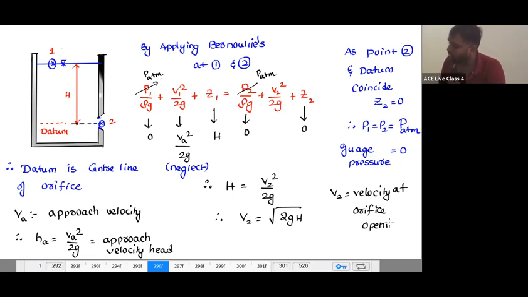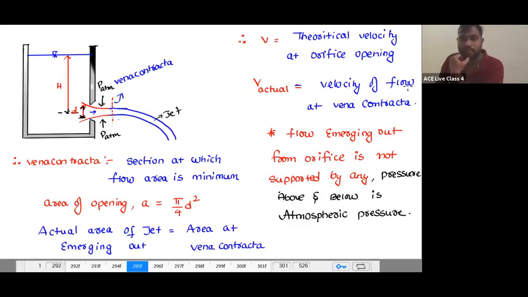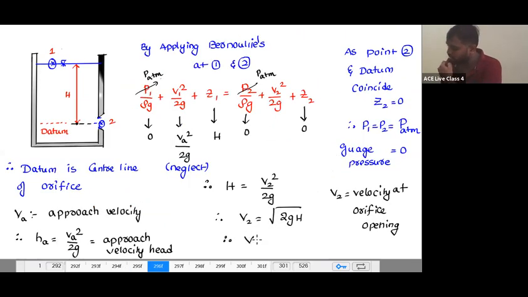Is it a theoretical velocity or actual velocity? I told you, what is actual velocity? Velocity of the flow at vena contracta is actual velocity. But the theoretical velocity is the velocity at the orifice opening. So I can write this as V is equal to root of 2GH.